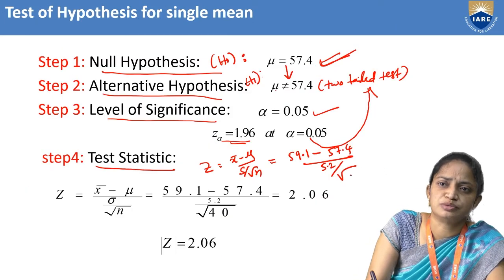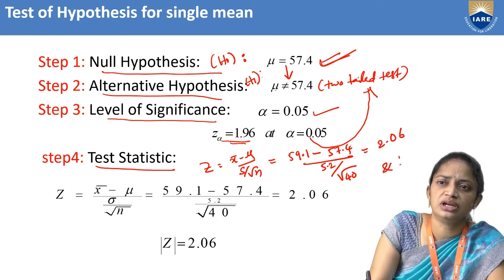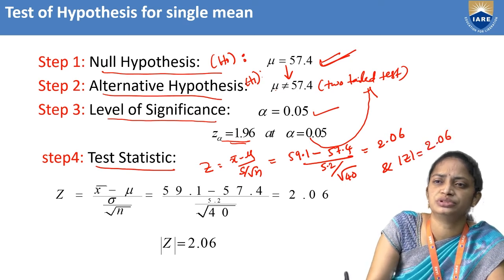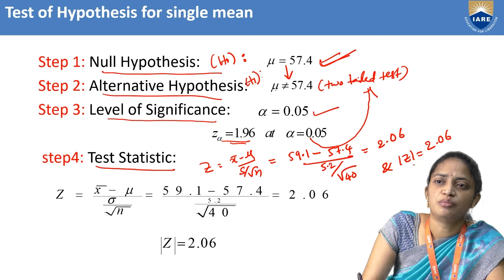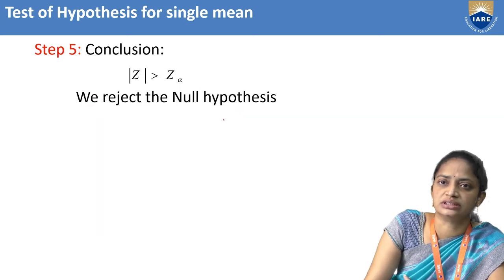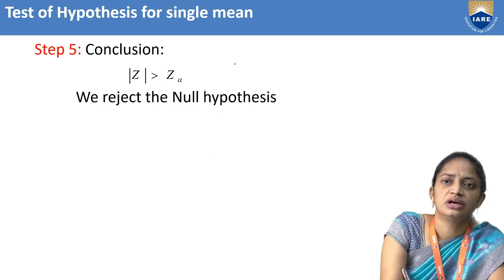Now substitute all these values here. After completion we will get 2.06. But we need mod Z, and the modulus of Z is also the same, 2.06. Here mod Z is 2.06 and Z alpha is 1.96. What is the conclusion here?